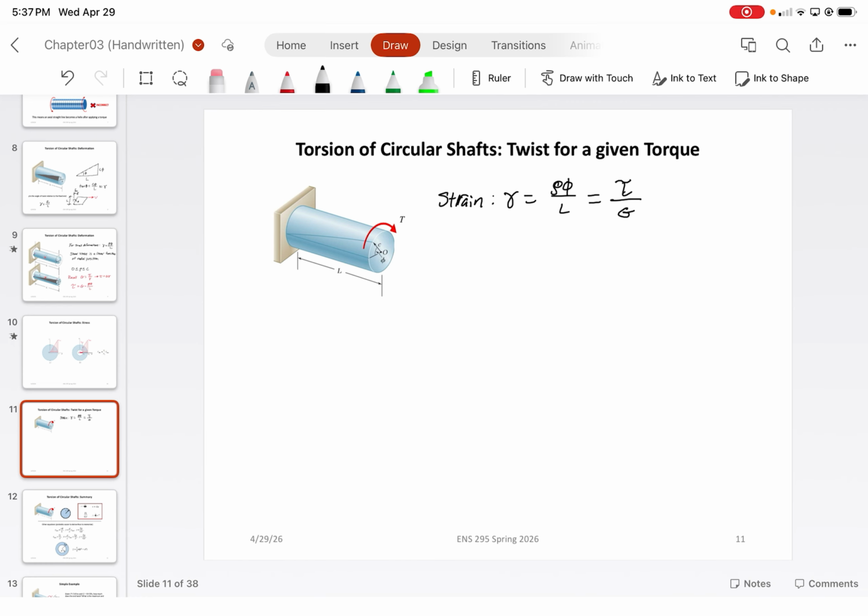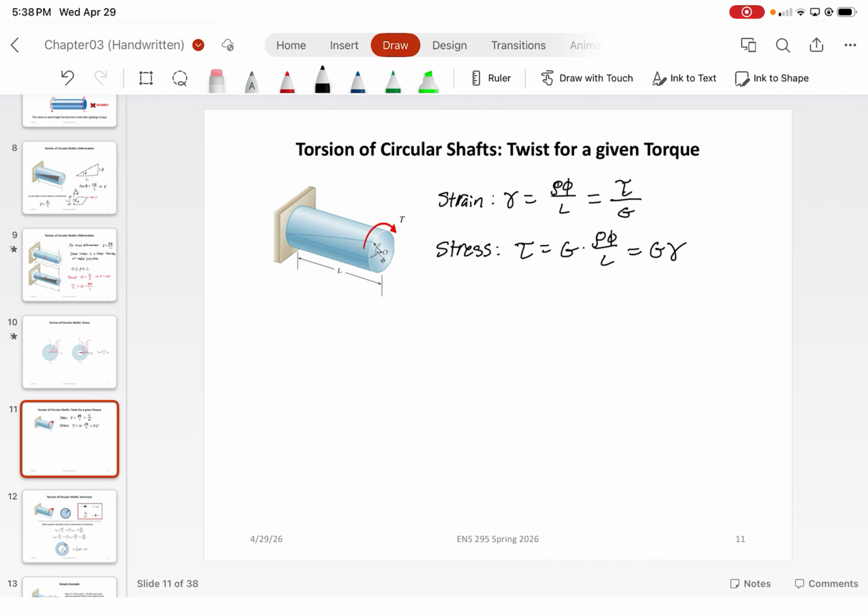That's just our general Hooke's law. For stress, we also know that tau is equal to G times rho phi over L, which again was just equal to G times gamma. All right.